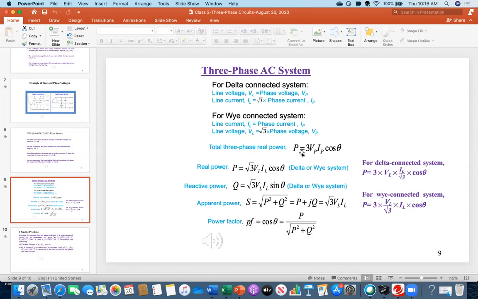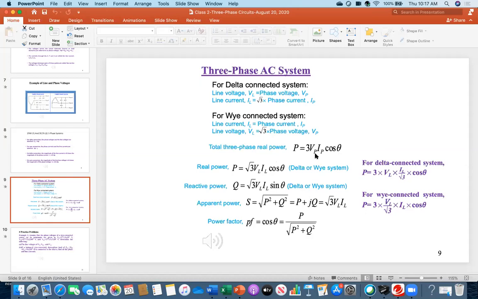Now, because I have the three-phase system, and I am assuming this is a balanced system, the total three-phase real power is 3 times VP IP cos theta. Everybody remember VP IP cosine of theta, where theta is the phase angle between voltage and current.